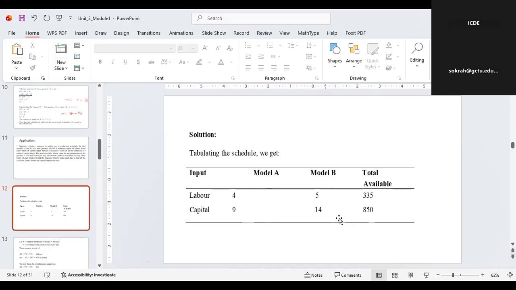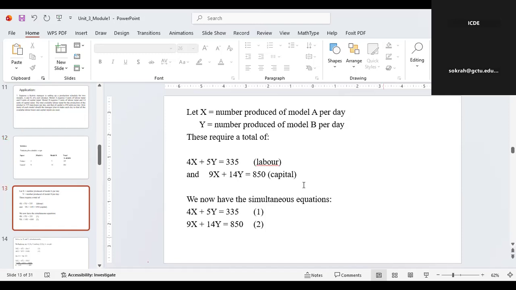Now, from this table, we will write the 2 equations. You write the equation for labor and the equation for capital. So that is what you see here. So we let X be the number produced of model A per day, and Y be the number produced of model B per day.